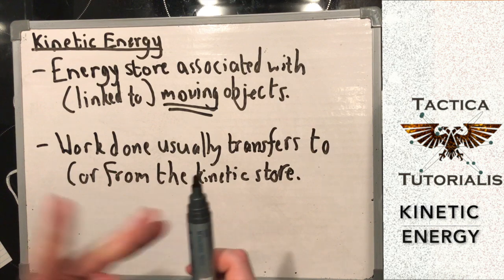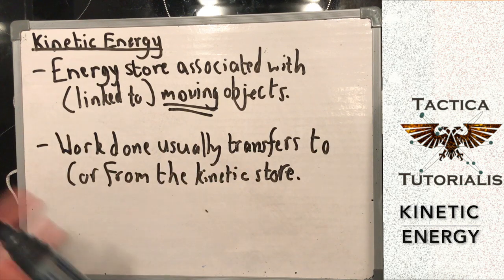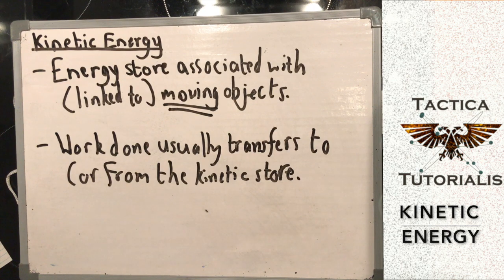So work done is either when it starts an object moving, it's transferring energy to the kinetic store, or if it's stopping an object, it's transferring the energy out of the kinetic store into usually the surroundings as heat. Quite often if you slam the brakes on in a car, you notice the brakes got very, very hot. You'd certainly see that if you were doing like heat maps of Formula 1 cars, you'd notice their brakes were glowing hot because of the amount of kinetic energy that's been transferred into them as heat.